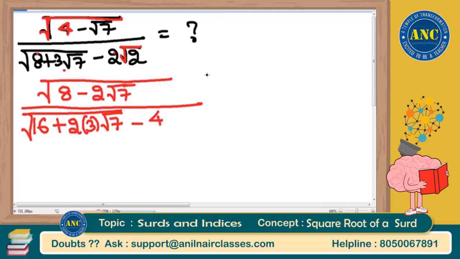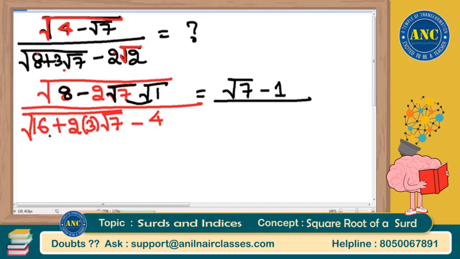What are the terms which are remaining? Can I say that this is root 2, root 7 into root 1. 7 plus 1 is 8 itself, right, sir? So directly I can write it as root 7 and root 1. Because I have negative, put a negative. Similarly, in the denominator also, 3 is square root of 9. Square root of 9 into square root of 7. 9 plus 7 is anyway 16.